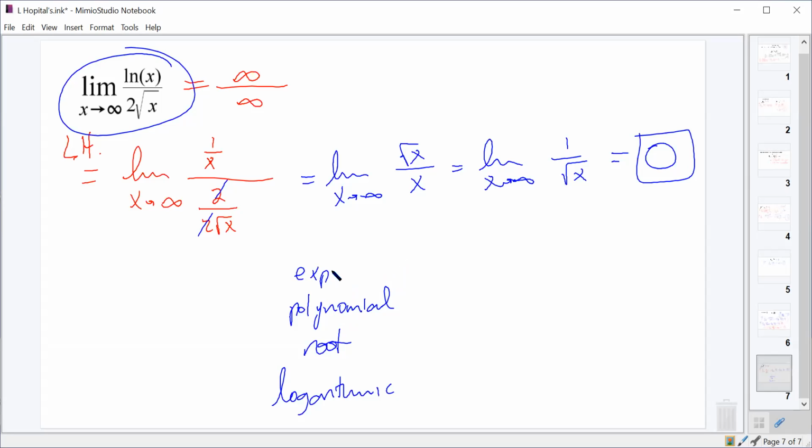So as x goes towards infinity, e to the x increases more quickly than x to the 100th power. In fact, very, very much more quickly, right? It's crazy how much faster exponentials grow than polynomial functions grow. E to the x or 10 to the x, the higher the base, the slightly more quickly it's going to grow. Anybody know the function that increases more quickly than an exponential function?